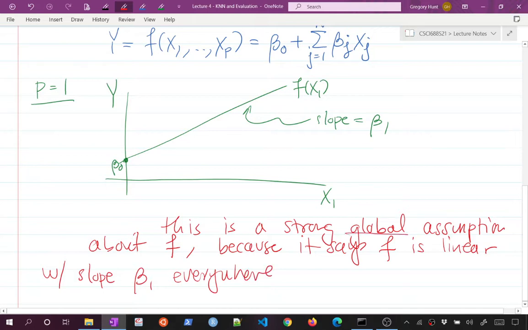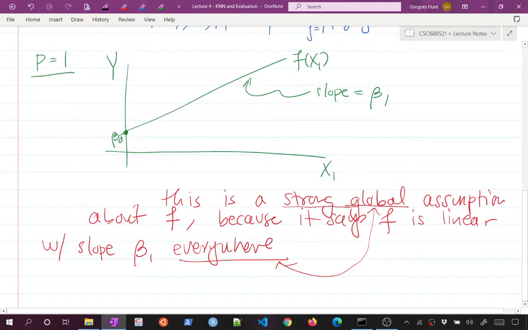So when I say global, I mean that it's making this assumption everywhere. The relationship is always linear. So it's this kind of very strong assumption that over the entire space of x's, the relationship between y and the x's is linear.